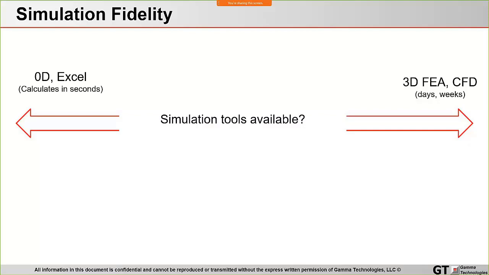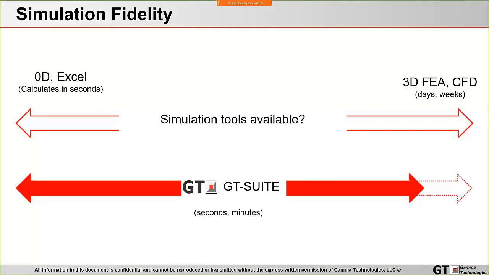And so, where we envision GT Suite slotting in along this spectrum here is that you can think of GT as being able to span, and we like to think bridge, the gap between the ends of the spectrum, where engineers can go in with a very simple calculation, the low fidelity type model that solves on the order of seconds, and they can then add complexity to the model that allows them to get deeper insight, which adds complexity to the model and scales the runtime, but typically on the order of minutes or so.